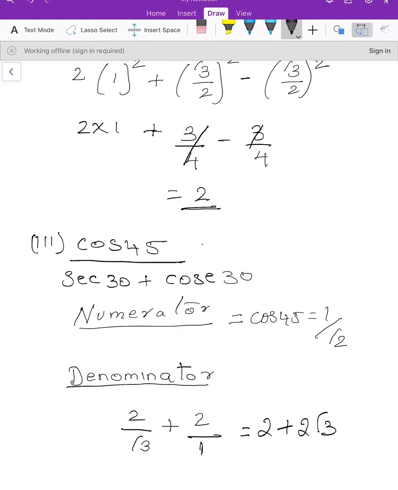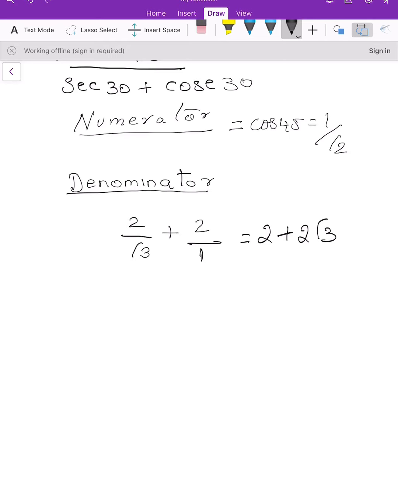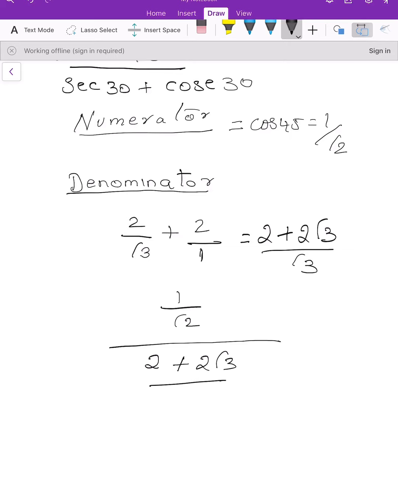Now I'll write the numerator and denominator down. My numerator is 1 by root 2 and my denominator is 2 plus 2 root 3 by root 3.